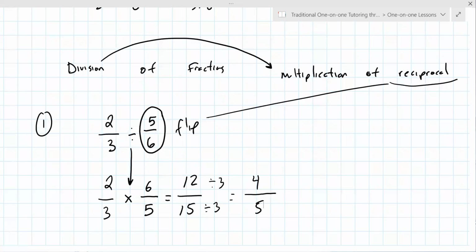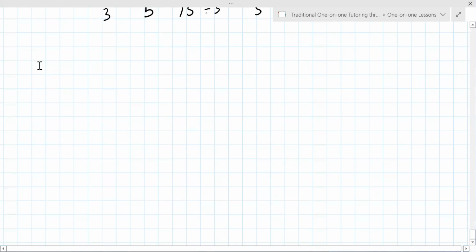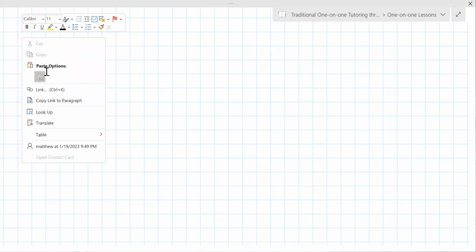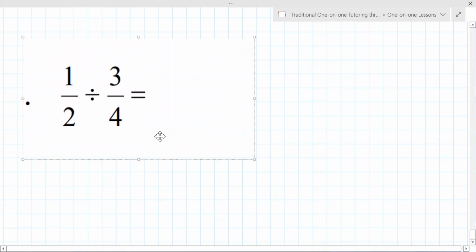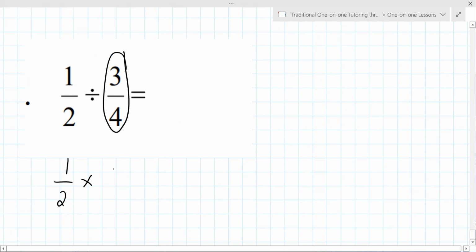Let's try another one here. All right, here's another problem. So you never, never, never, ever divide. You always change the division into multiplication, and you take the reciprocal.